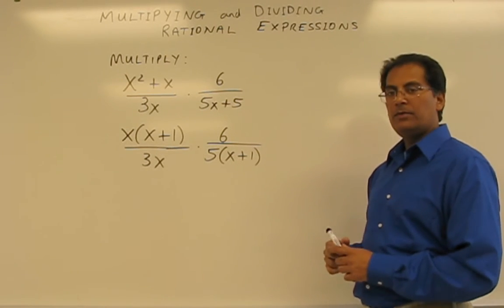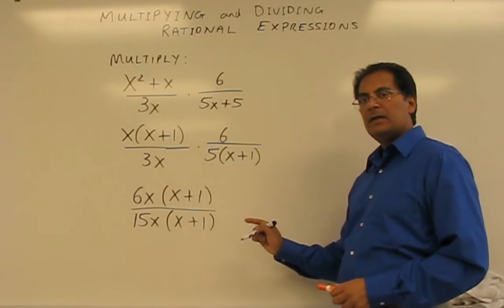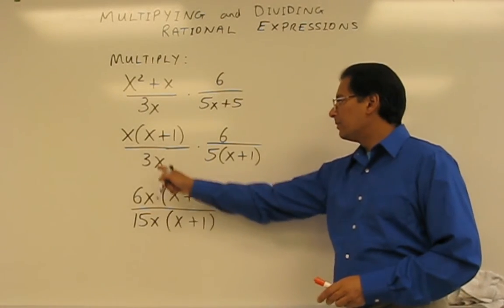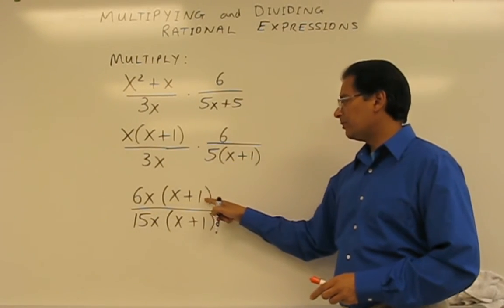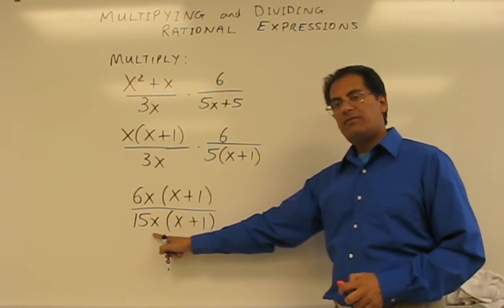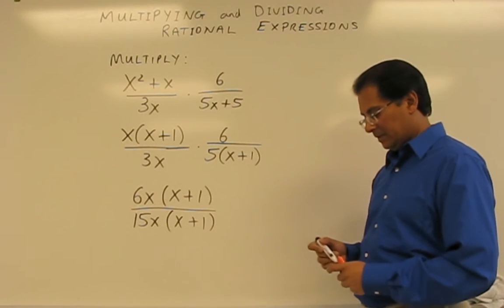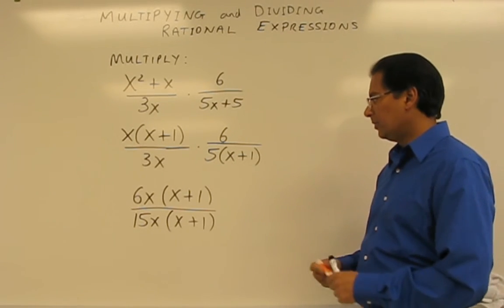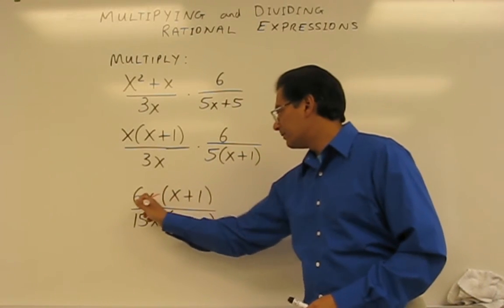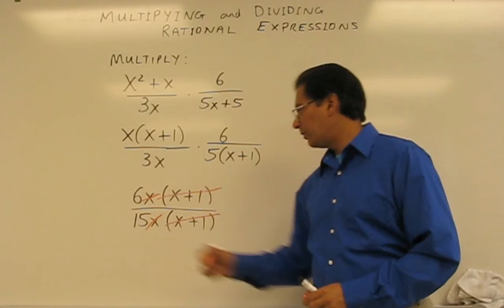Now we can cancel common terms, or we could multiply through. If we multiply through, we multiply the tops and the bottoms. So what we end up with is 6x, because x times 6, times x plus 1, divided by, we'll have 3x times 5. That will give me the 15x times x plus 1 from here. So now we can cancel our like terms. What are our like terms? Well, x divided by x, that's 1. x plus 1 divided by x plus 1, that's 1.